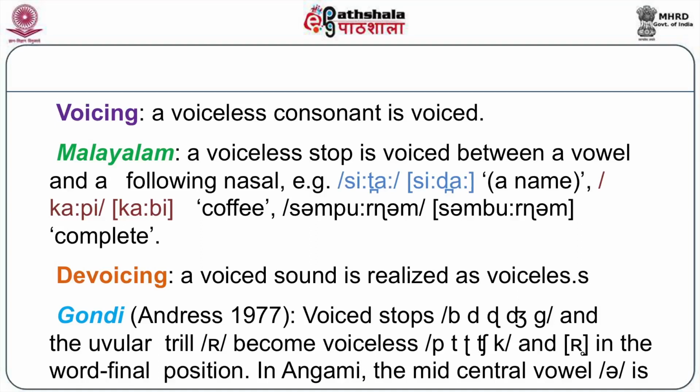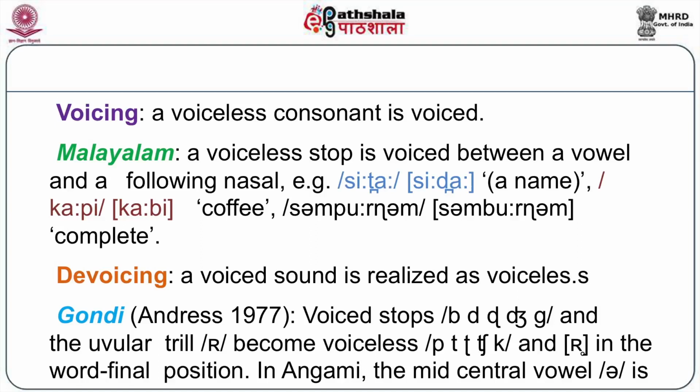For example, in Malayalam, voiceless consonants such as p, t, k are pronounced as voiced consonants between two vowels or after nasals, such as sita is pronounced sida, and words with a p and a k between two vowels similarly become b and g.